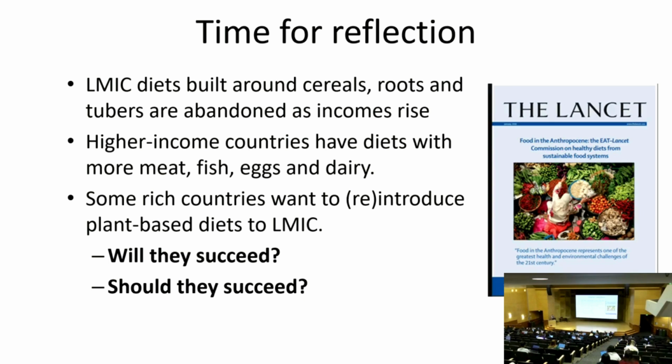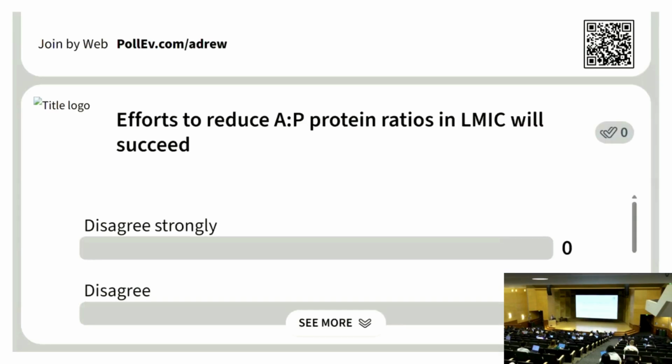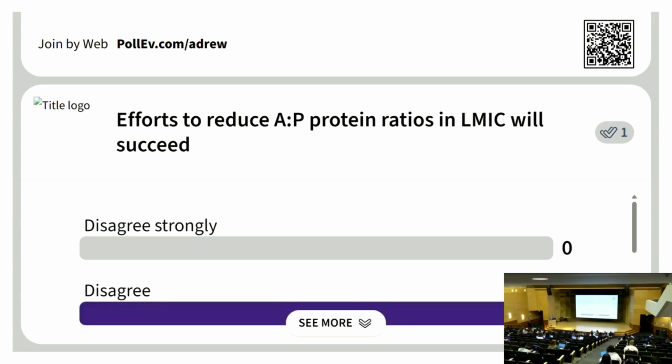Are we trying to reintroduce plant-based diets to low-income countries, given they just escaped those diets and are consuming more protein? So this was your reflection. You can now vote and tell me what you think. This was essentially the reflection that you were asked to do. Will those succeed? Will they not succeed?